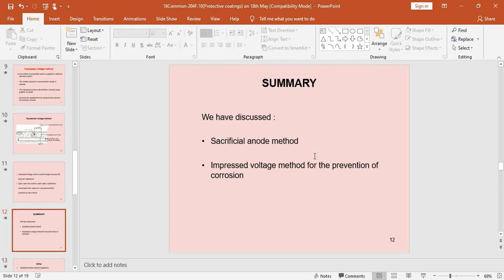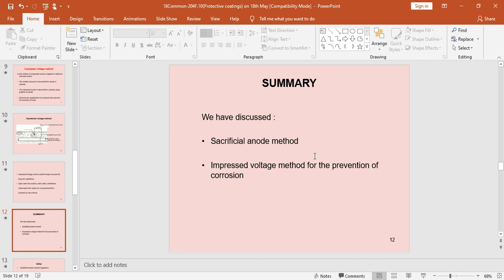So what is the sacrificial anode method? In this method, the base metal is coated by a more active metal, and that more active metal itself goes into corrosion to protect the base metal. That's why it is called the sacrificial anode method. The sacrificial anode method is especially used for iron and also other metals.